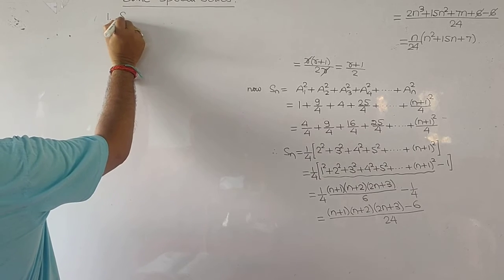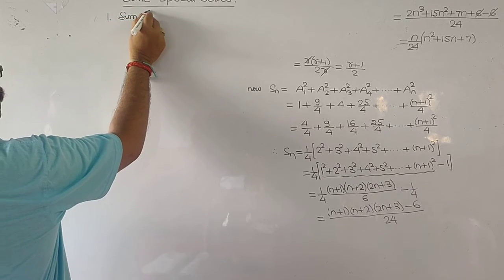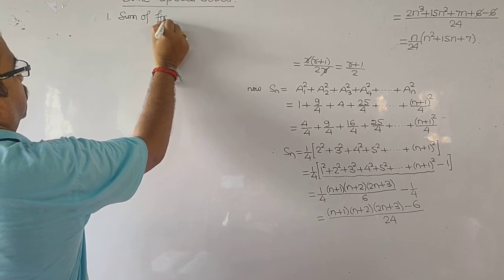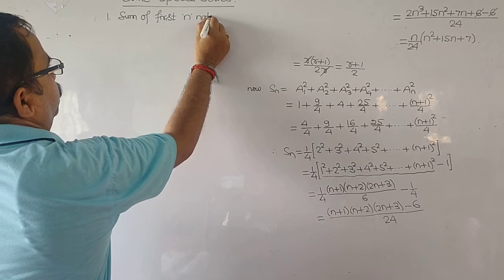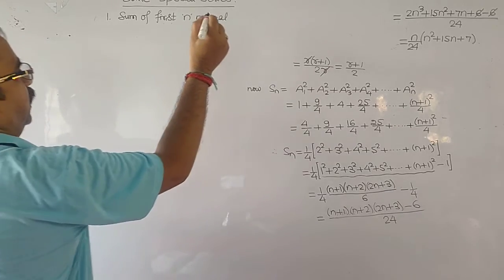First one, sum of first n natural numbers. You people know this very well.